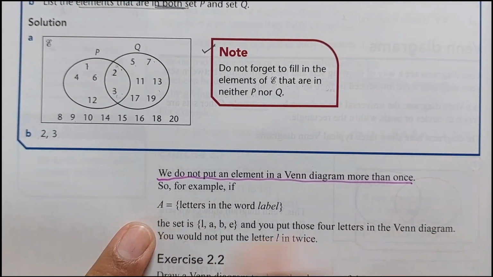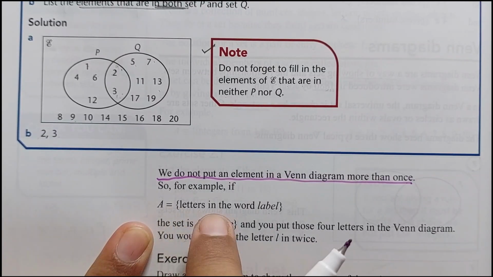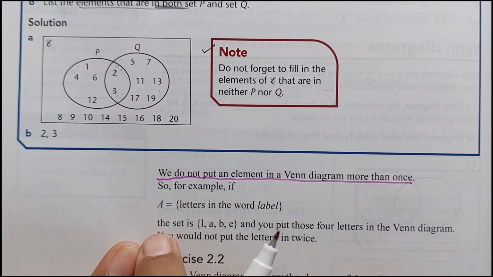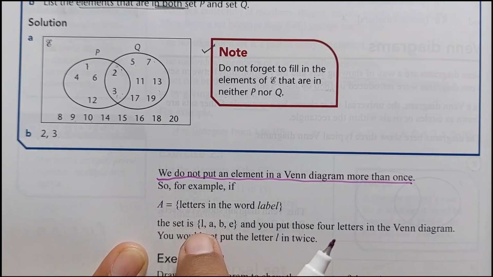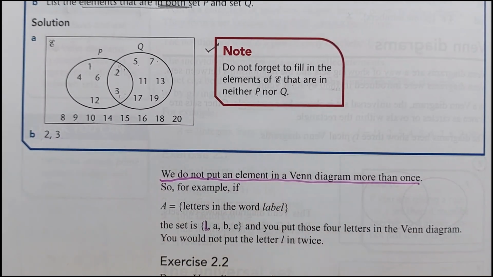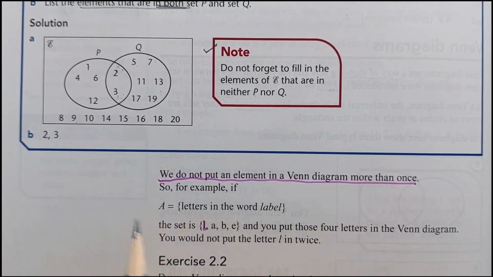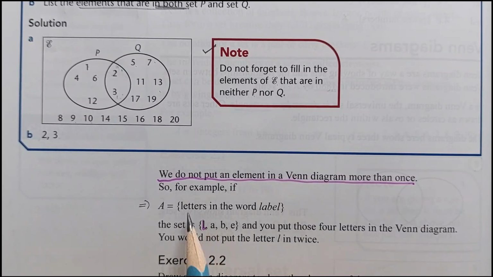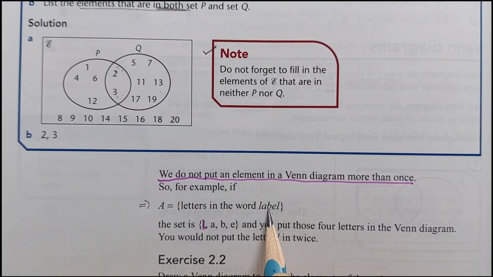For example, if A is the set of letters in the word LABEL, the set is L, A, B, E. Sorry, it's not 1, it's L. It's a printing error. So this is the example: if you have a set A and it contains the letters of the word LABEL, there are two L's, A, B, and E.